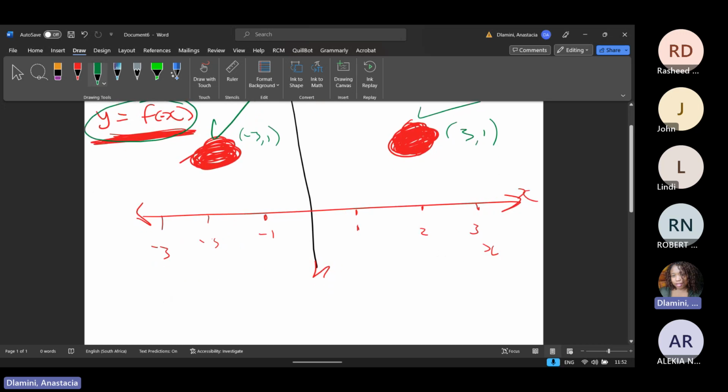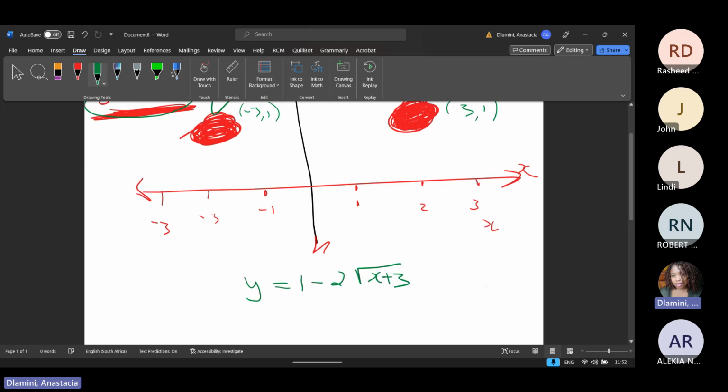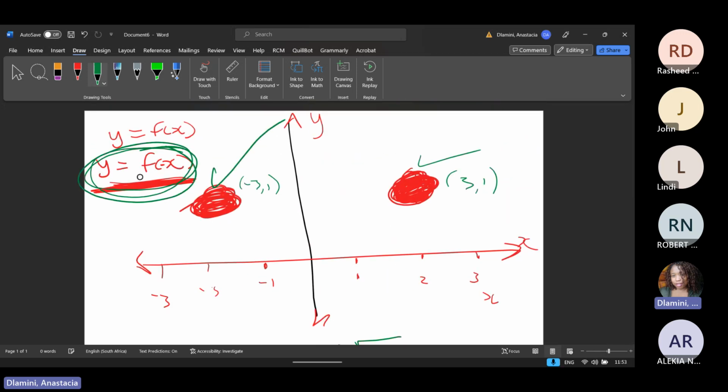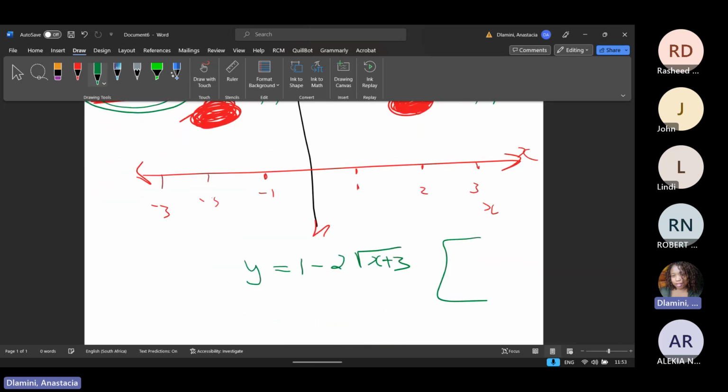So in your original equation, y equals 1 minus 2 square root of x plus 3, because it's a reflection about the y-axis, which is what we're performing here, y equals f of negative x. So the reflection about the y-axis is represented by f of negative x.